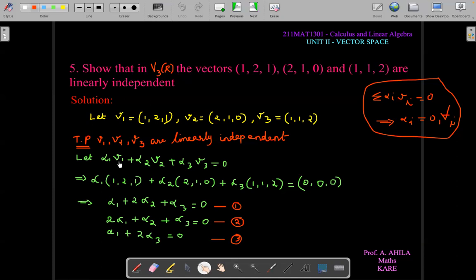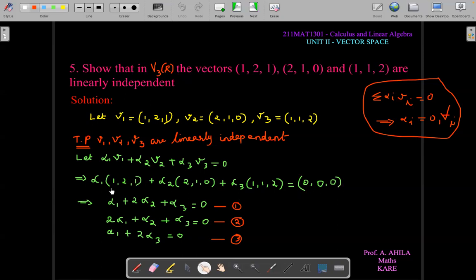That is, alpha 1 v1 plus alpha 2 v2 plus alpha 3 v3 equal to 0. Now substitute the values of v1, v2, v3. So alpha 1 into v1, that is the first point given, (1, 2, 1), plus alpha 2 into the second point (2, 1, 0), plus alpha 3 into the third point (1, 1, 2), equal to, we write the right hand side also in the same point form, (0, 0, 0).